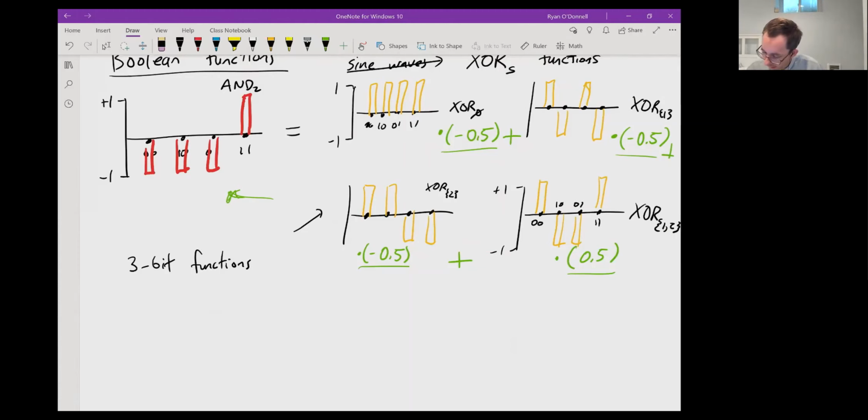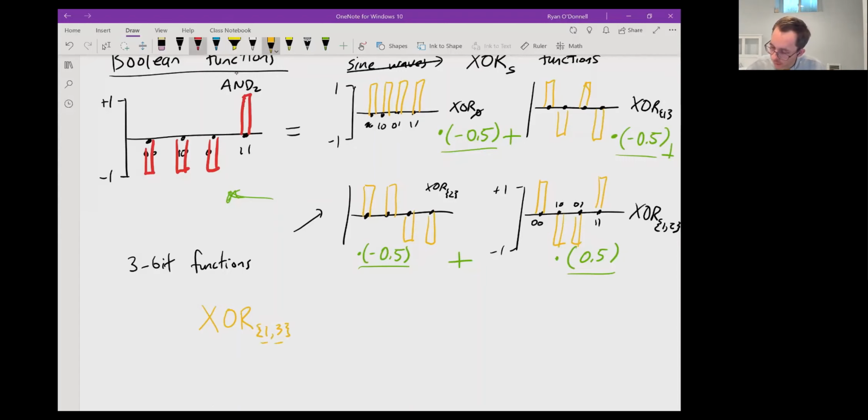But the point is that you don't necessarily XOR together all the bits or take the sum mod 2 of all the bits. So one of the special functions will be, for example, what I call XOR subscript bits 1 and 3.